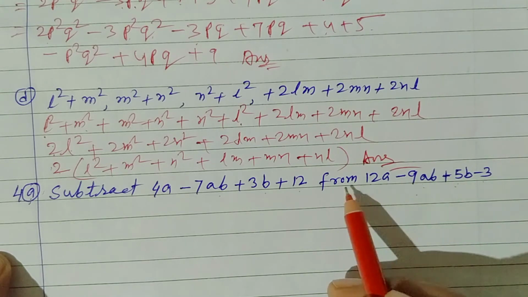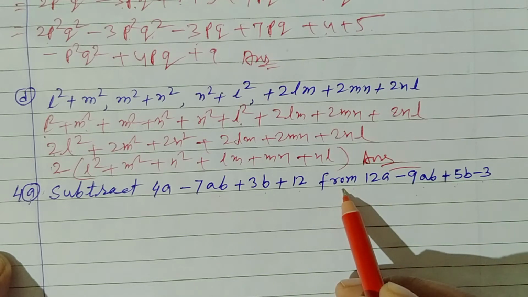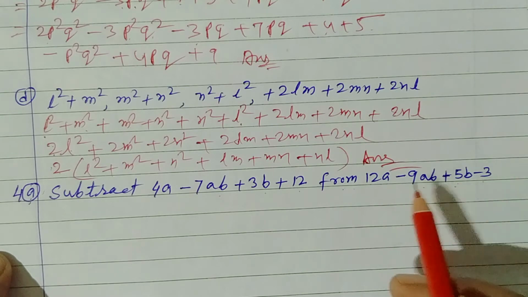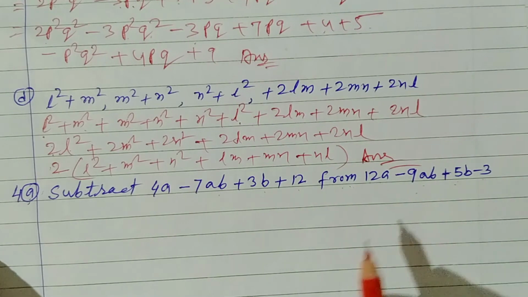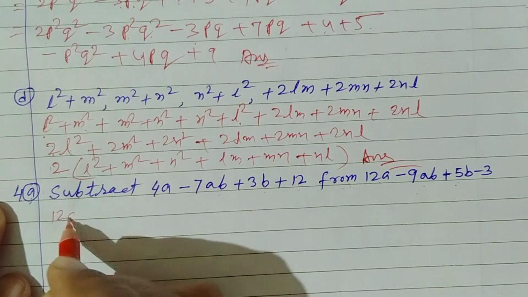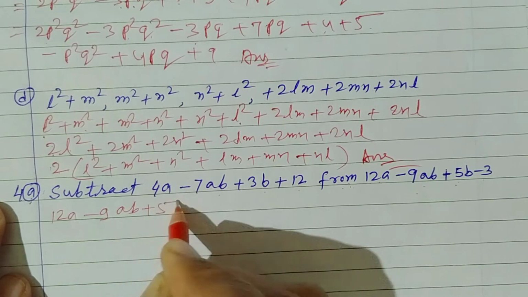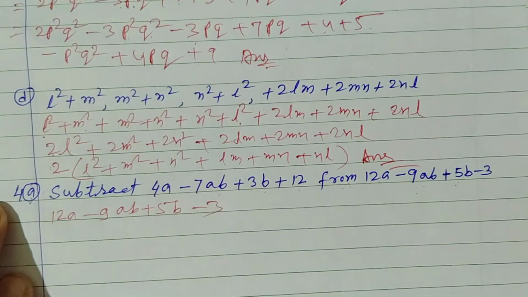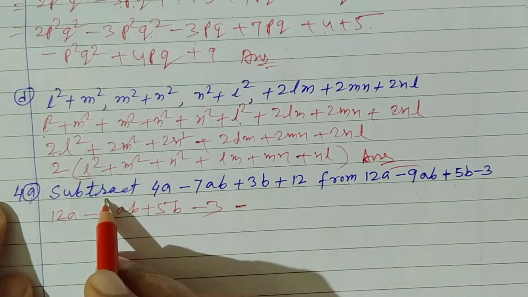An easy trick: if the word from is written in the question, we start after the from. Whatever is written after from, we start with that. So we can start from here: 12a minus 9ab plus 5b minus 3. After that we put a minus sign here. Why do we put the minus sign here? Because we have to subtract.